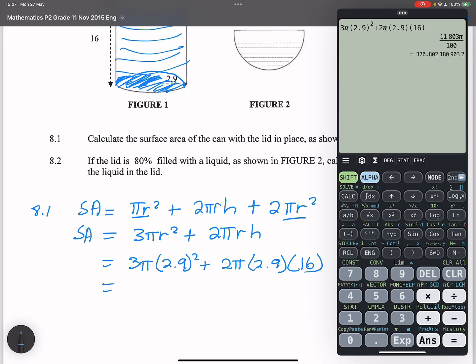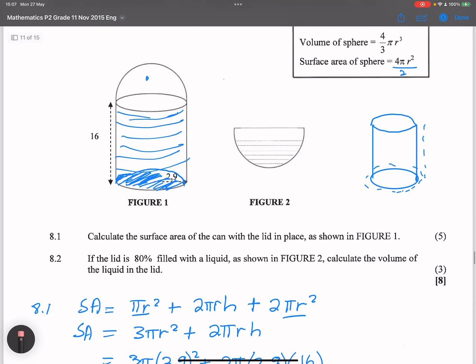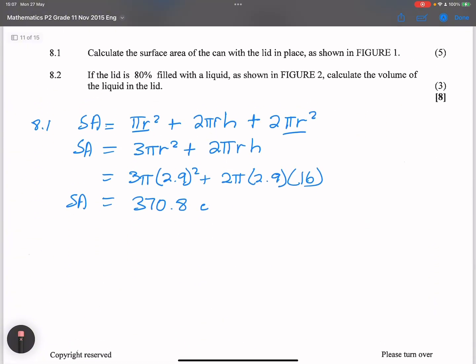Right, so we get 370.80. So that's the total surface area. And notice this was given to us in centimeters, was it? This was definitely centimeters. So this is going to be centimeters squared. Right, so that is how we're going to get the total surface area.